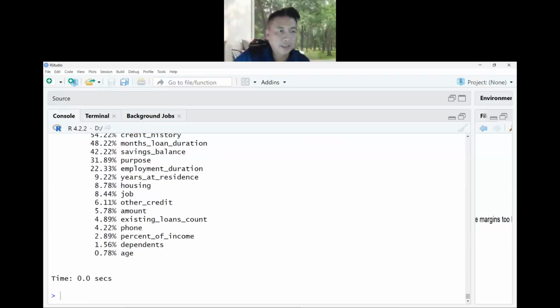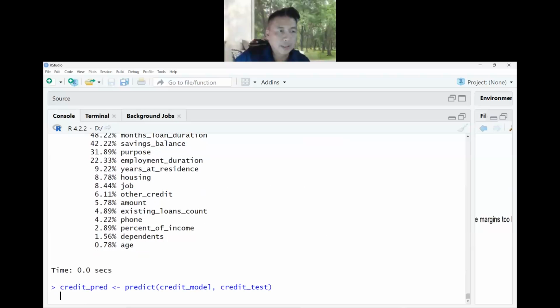So how do we evaluate them? We will use the prediction. We use the model to perform the prediction, predicting using the test data that we have.